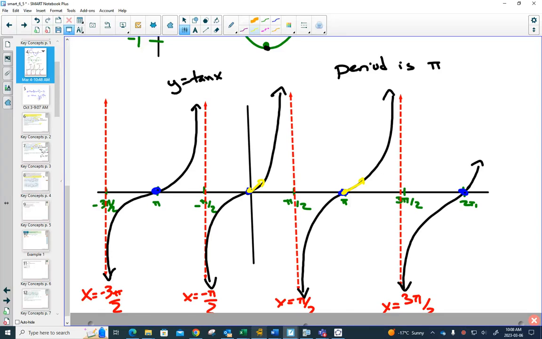Or you can measure between one asymptote and the next and figure out that that distance is pi as well. And you might notice that the graph of tan looks very similar to an x-cubed graph, but it's a whole bunch of little x-cubed graphs with asymptotes repeated. Whereas the x-cubed graph just keeps getting wider and wider, the tan graph has a bunch of asymptotes.